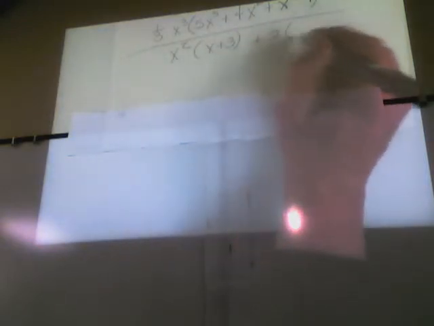Okay, we're going to move to something a little different. We're going to factor, here's one: x squared times x plus 3, plus 2 times x plus 3. What do they have in common? X plus 3.